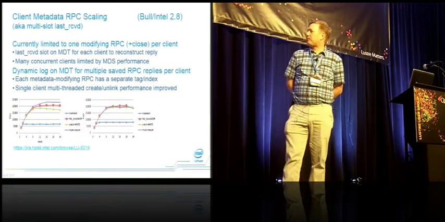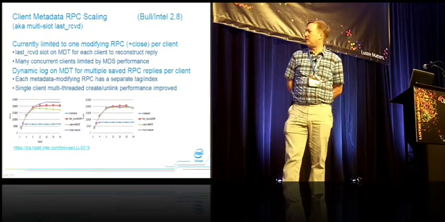And so the graphs below, this is a prototype, but it shows create and unlink performance. The bottom line is the current performance. I think this was like 2.3.50 or something like that, or 2.4.50.